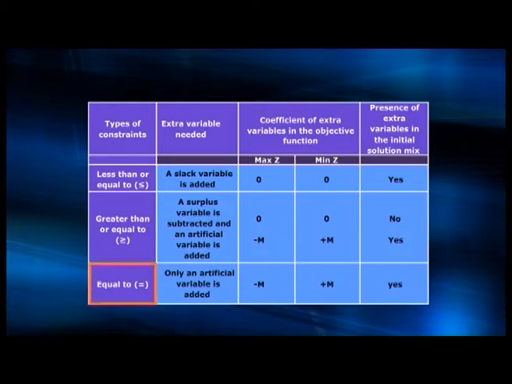Under the equal to condition, only an artificial variable is added, which leads to minus M in maximum z and plus M in minimum z. And also, there is a presence of extra variables in the initial solution mix under all three conditions.